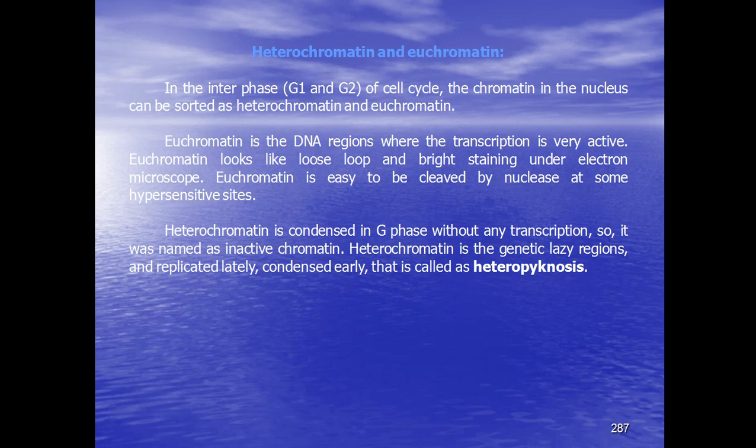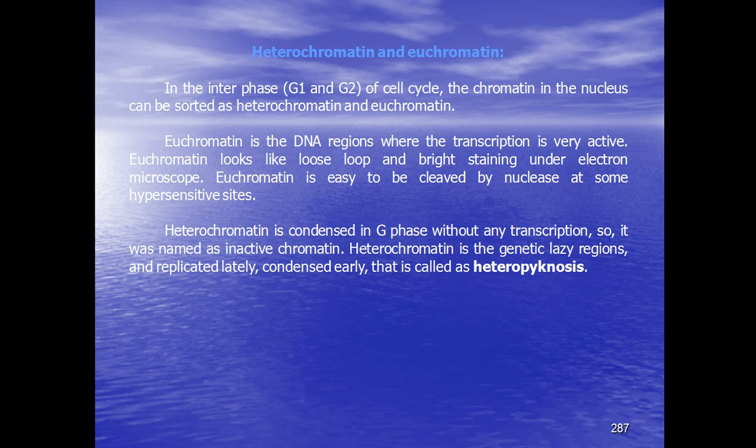Even you can cleave this euchromatin by nuclease enzyme at some hypersensitive sites. It's thin, bright staining, looks like loose loop, contains active genes.